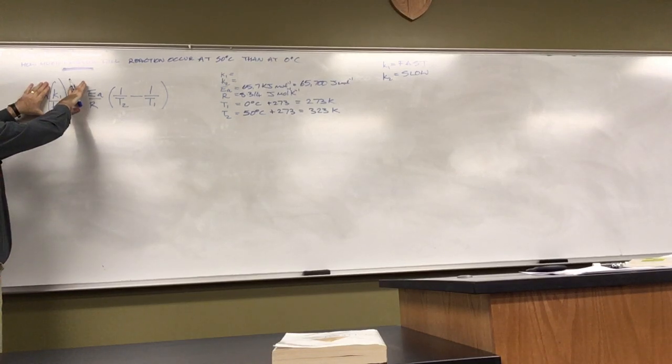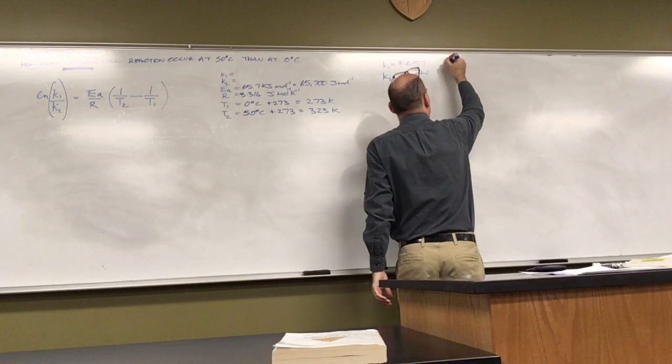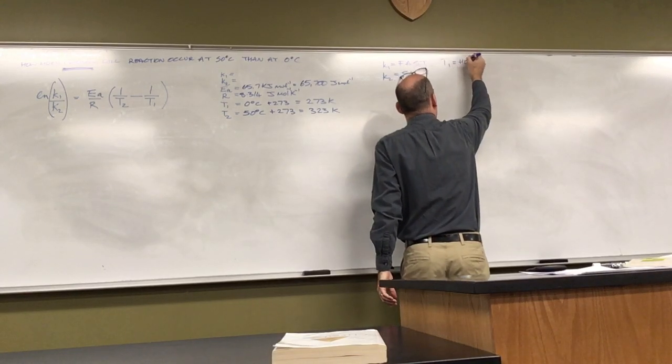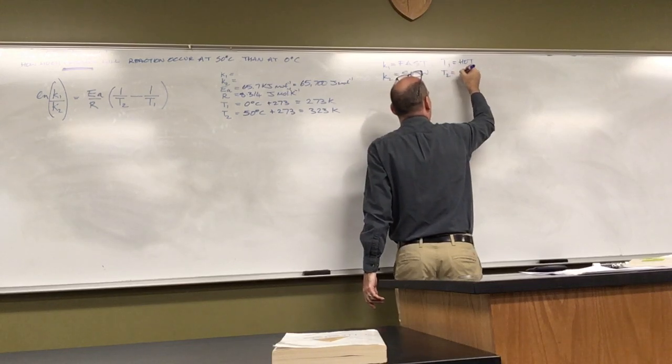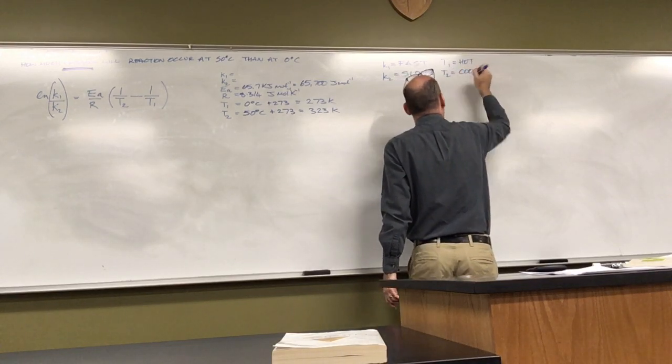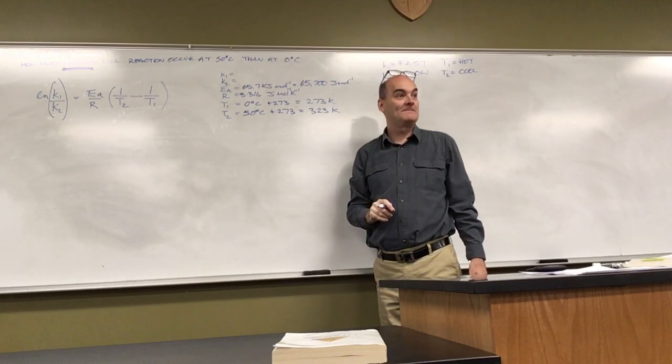So I want K1 to be the fast number and K2 to be the slow number, which means that T1 is going to be the hot temperature and T2 is going to be the cool temperature. Okay?